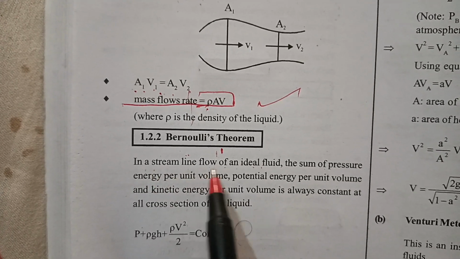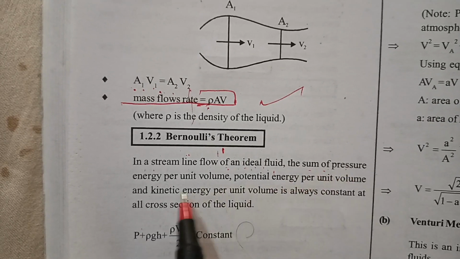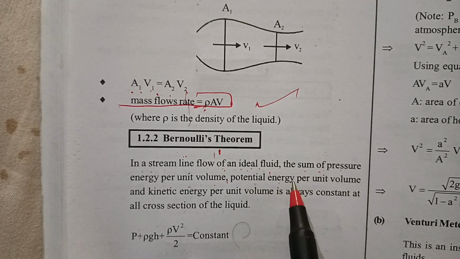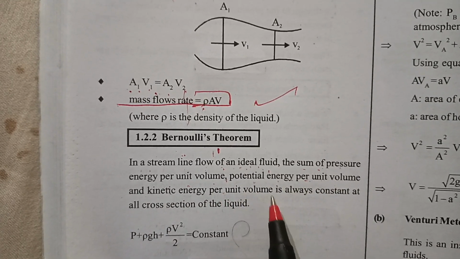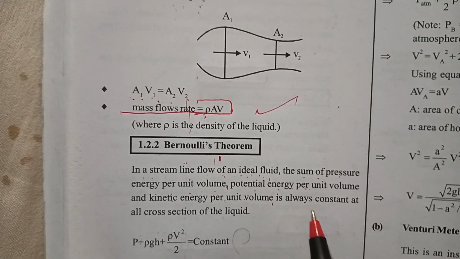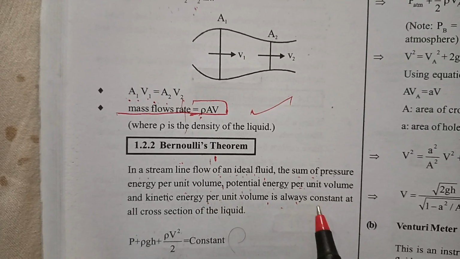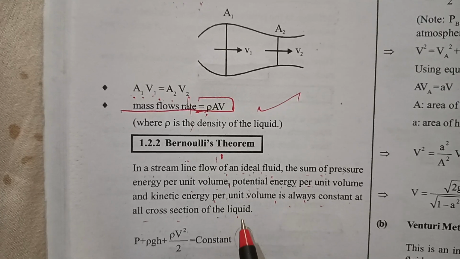In a streamline flow of an ideal fluid, the sum of pressure energy per unit volume, potential energy per unit volume, and kinetic energy per unit volume is always constant at all the cross sections of the liquid.